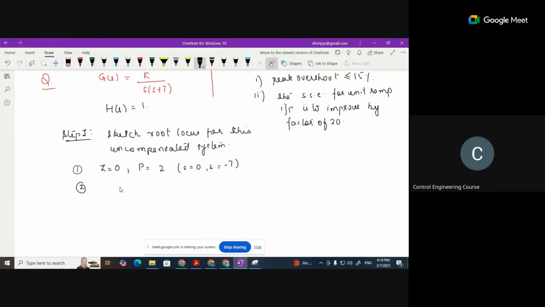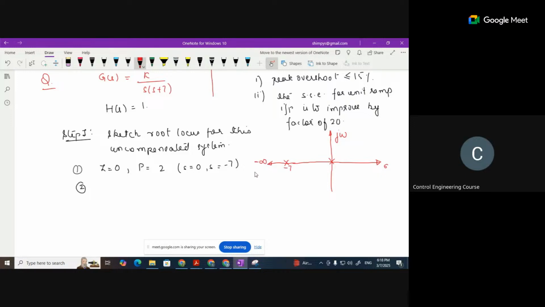Then we have to draw the root locus in the S plane. So let me draw the S plane here. Then I have a pole at 0 and a pole at, say, minus 7, and this is minus infinity.